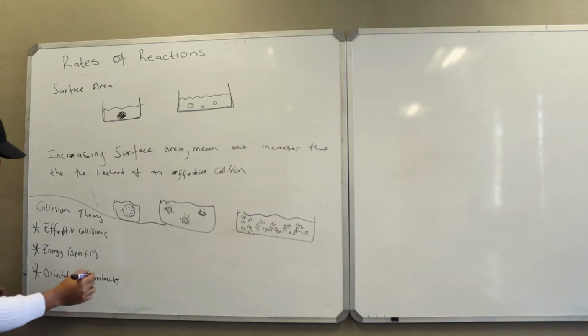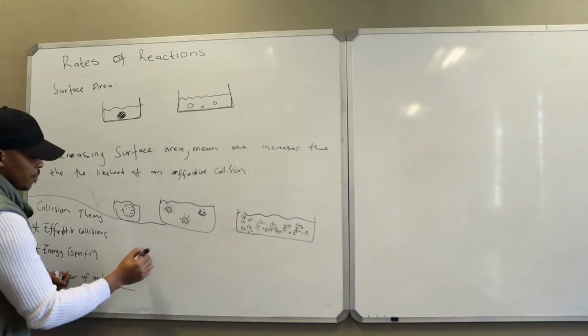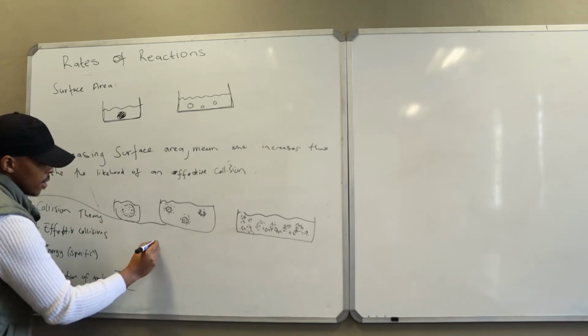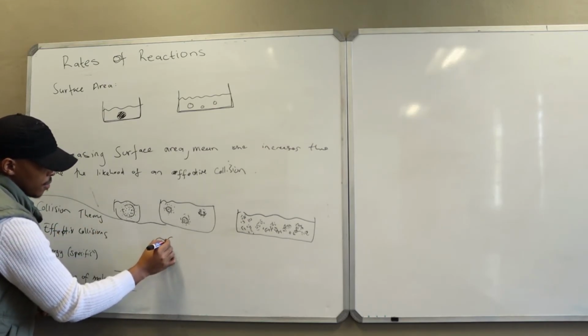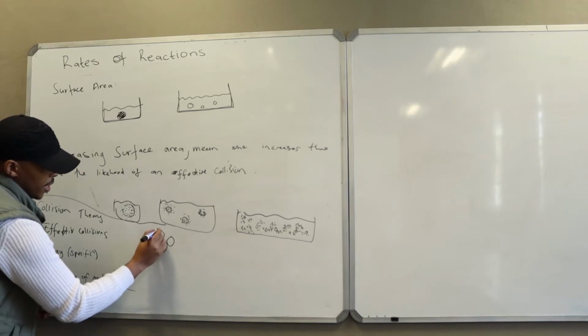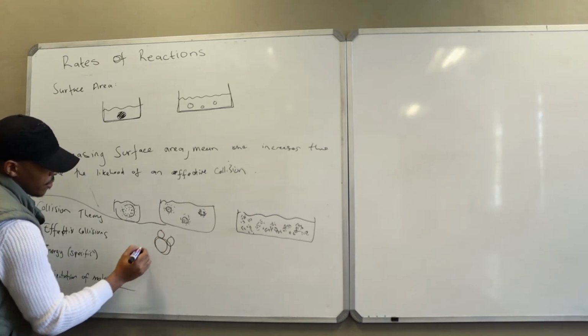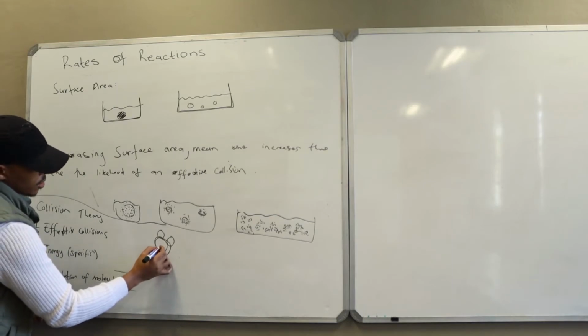So what does orientation mean? Let me quickly explain orientation. Let's take water again. We have hydrogen, and here we have a big oxygen.